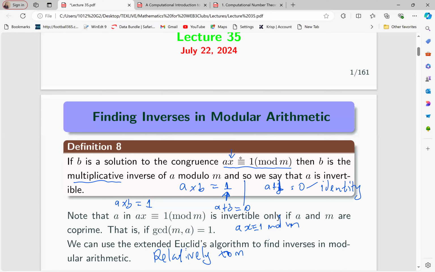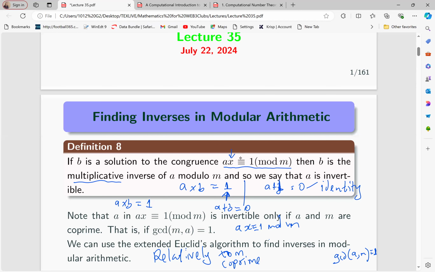And of course, we know what we mean by relatively prime or coprime. We say that two elements are coprime or relatively prime if their GCD is 1. If the GCD of A and M is 1, then we say that A is relatively prime to M, or that these two are coprime.